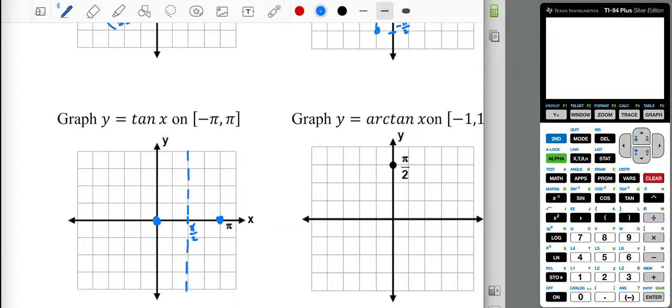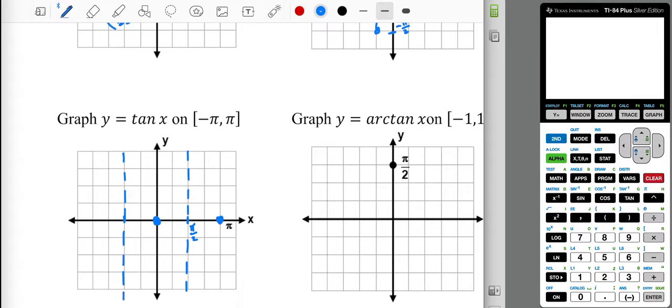That's also going to happen at negative pi over 2, and really, any multiple of pi over 2 that puts the angle on the y-axis. All right. So we know we have asymptotes there.